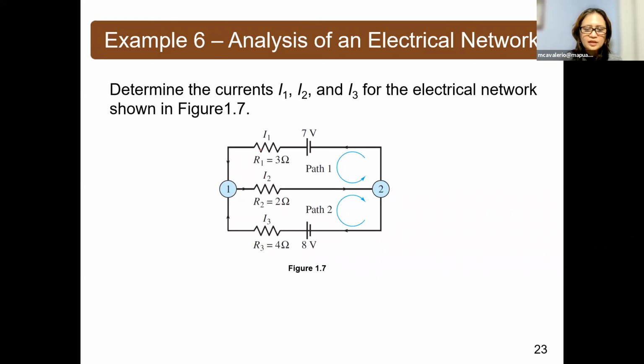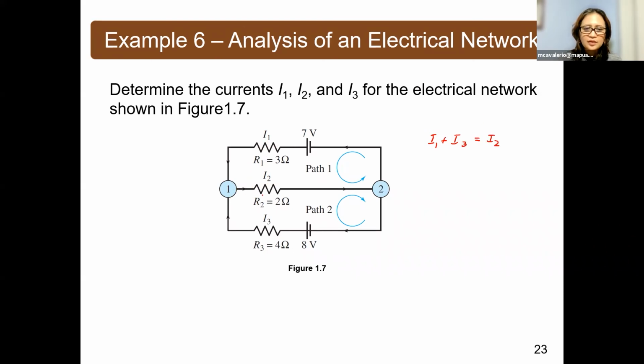I1 and I3 enter junction 1 and leave as I sub 2. So that we will have I1 plus I3 equivalent to I2.